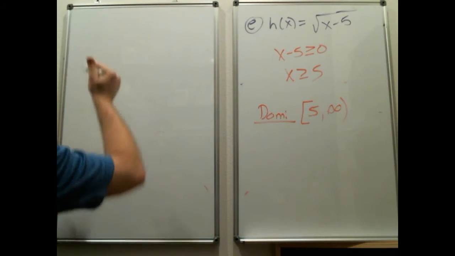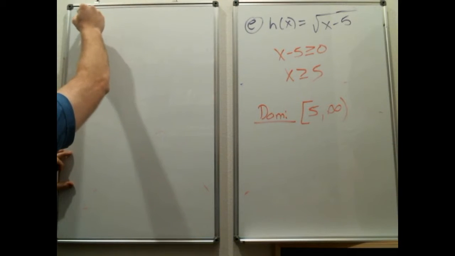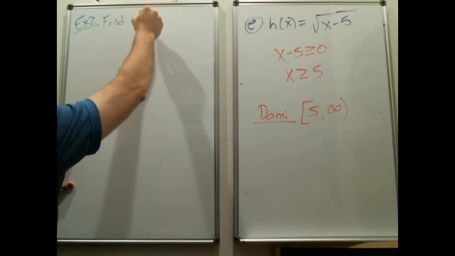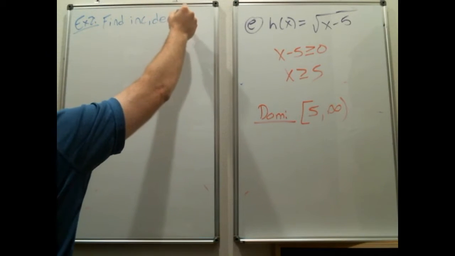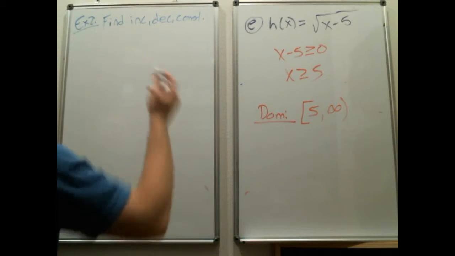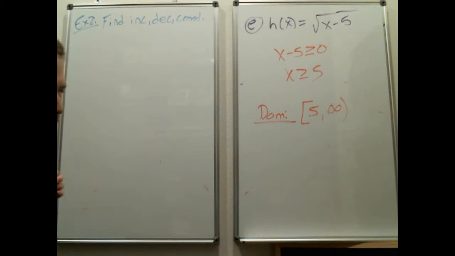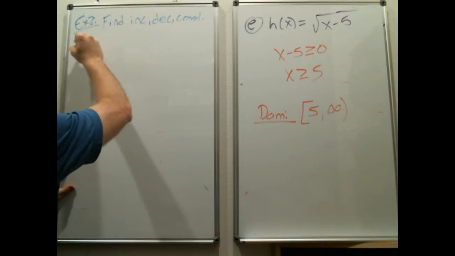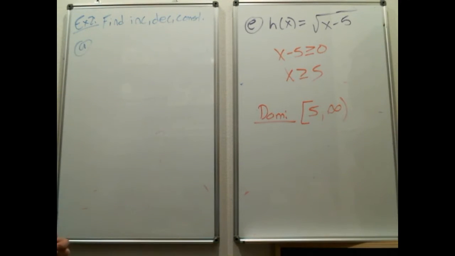Next, let's call this example 2. Find increasing, decreasing, constant. And I may or may not show an example of constant. That's pretty easy. It's just a straight line. So part A, in fact, well, let's see.